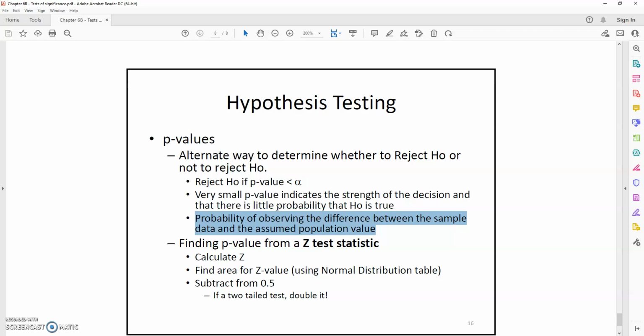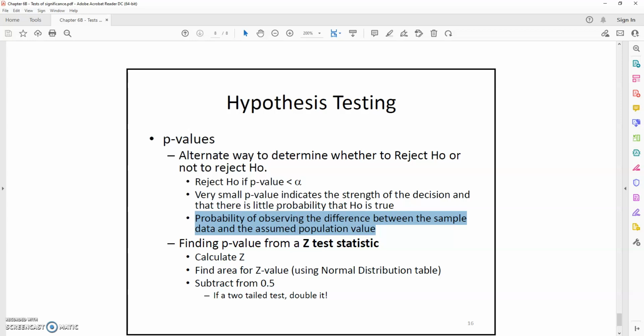So we're going to find a p-value from the z-test statistic. Remember, the z-test statistic is the z-value that we actually calculate. We compare the z-test statistic to the critical value, z-alpha, but this is the z-value that has a formula. So we calculate z, we find the area for z, and we always subtract it from 0.5.